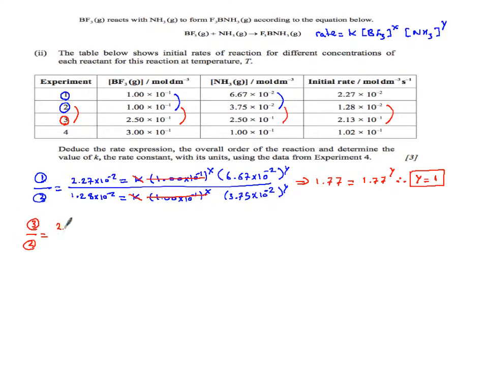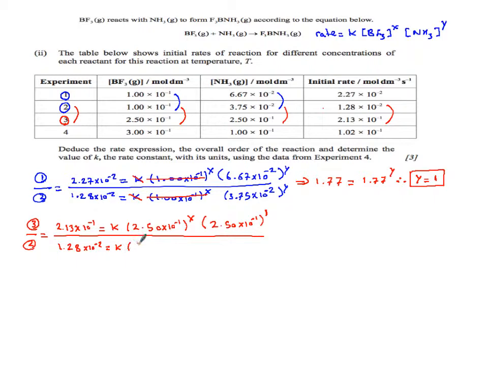Which is 2.13 times 10 to minus 1 equals K times the concentration of BF3 raised to power X, which I don't know, times the concentration of ammonia, which we just figured out was raised to power 1, divided by the rate of experiment 2, which is 1.28 times 10 to minus 2 equals K.